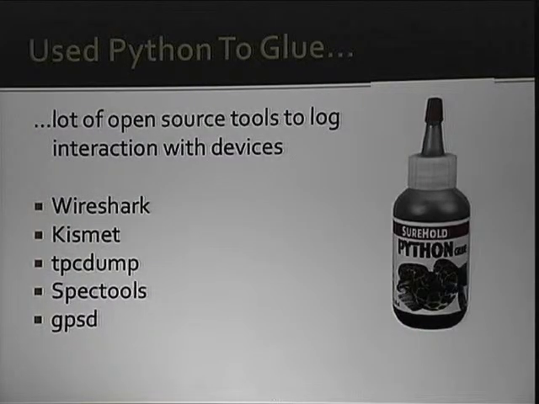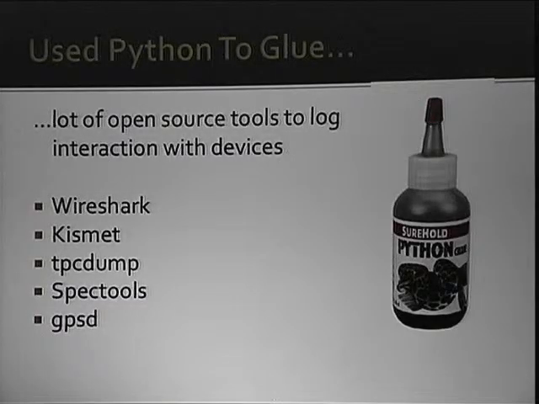So, for example, with the logging, Kismet supports a client-server architecture. And so when we fired up Kismet, we were able to use Python to write some scripts that, as clients, connect to Kismet and pull out all the necessary data that we wanted, and only dump that data.